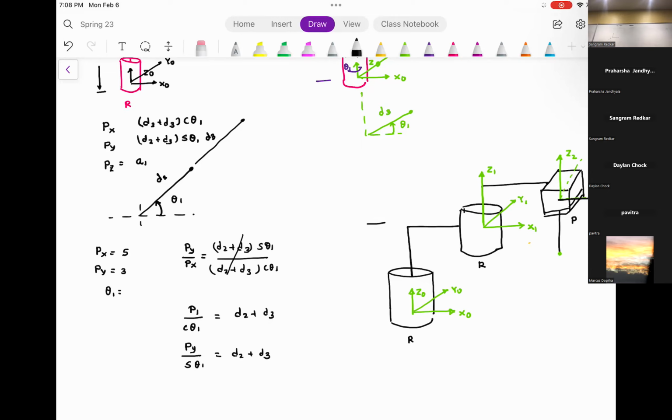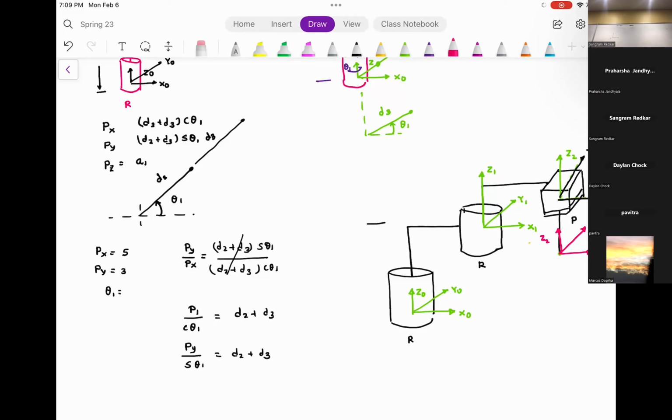So X2, Z2 and Y2. Are you with me so far? X2, Z2, Y2. You agree with me?